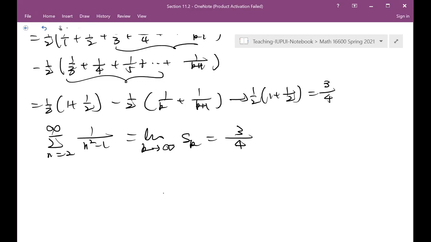If the partial sum has a limit, then it's convergent, and you can even figure out the sum. If the partial sum does not have a limit, then it's divergent. So that's it, and now we are almost at the end of the class.